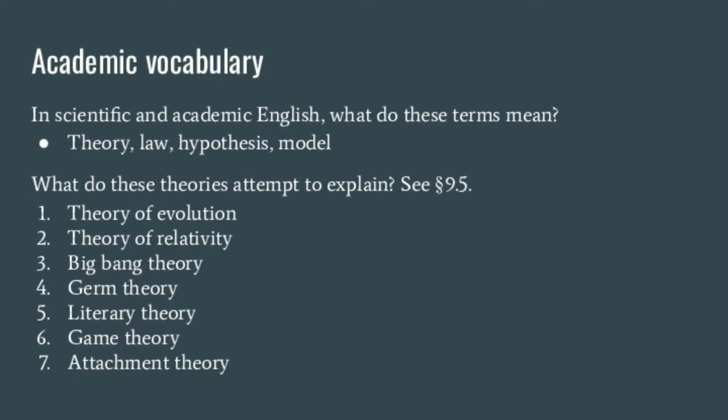Attachment theory is a theory in psychology that explains emotional attachment. Babies in the first 3 years of life need to form an emotional attachment with a mother, father, caregiver of some kind. And what happens if the baby doesn't form a close attachment, an emotional bond early in life?